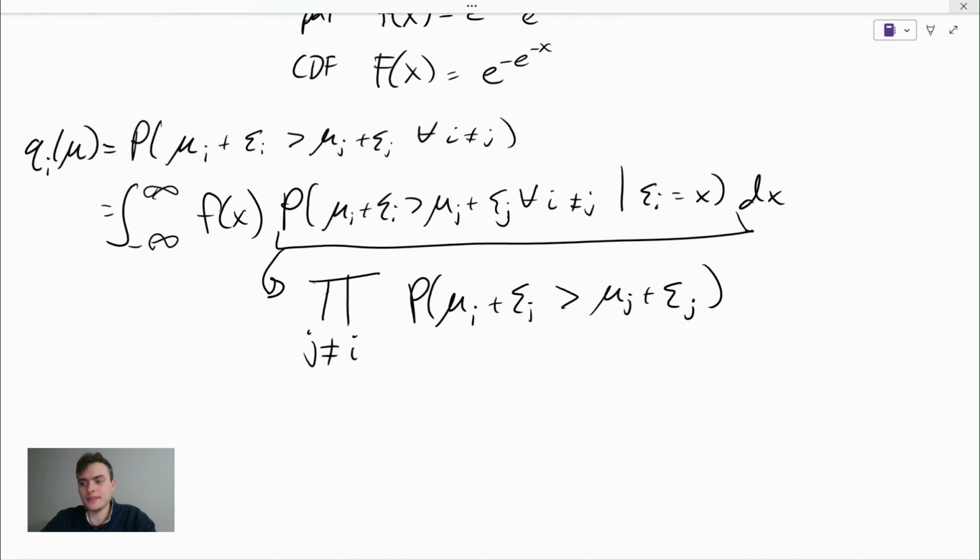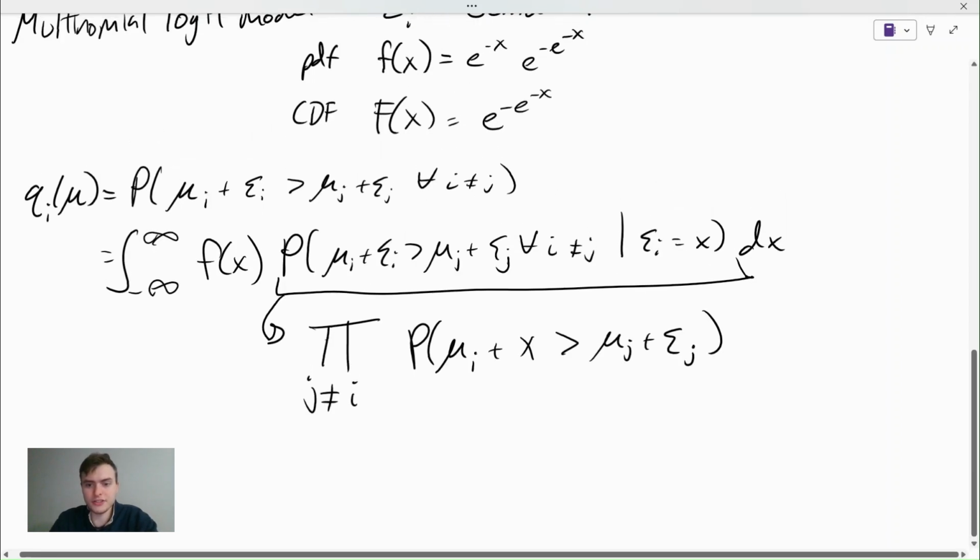And then from there, remember we're still given that eps_i equals x. So we can just replace eps_i with x and try to get this more in terms of eps_j, so that we can use the distribution of eps_j, which is also known, right?